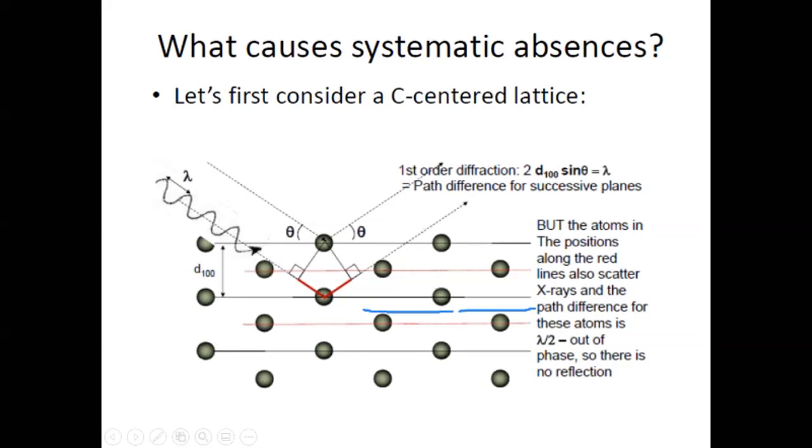Now again, the gray spheres on the gray lines are the in-phase reflections. Remember, Bragg's law is n lambda equals 2d sine theta. So we have n lambda, these are in phase. Let me highlight those. The ones in blue are in phase reflections. Now the ones in red, since it's translated a half off, in this case the A axis, are lambda over 2.